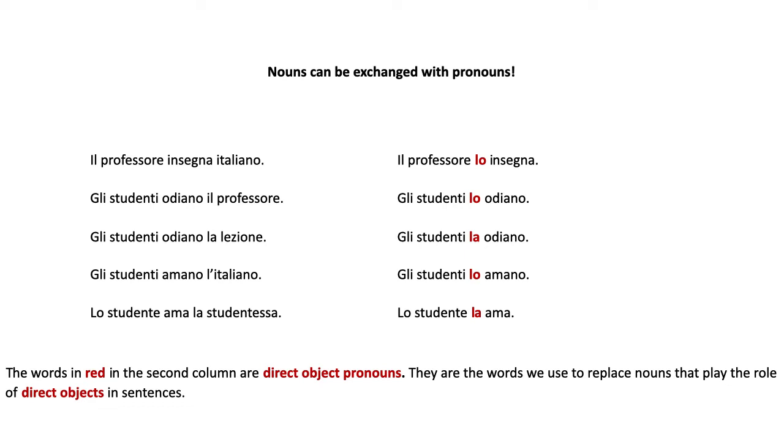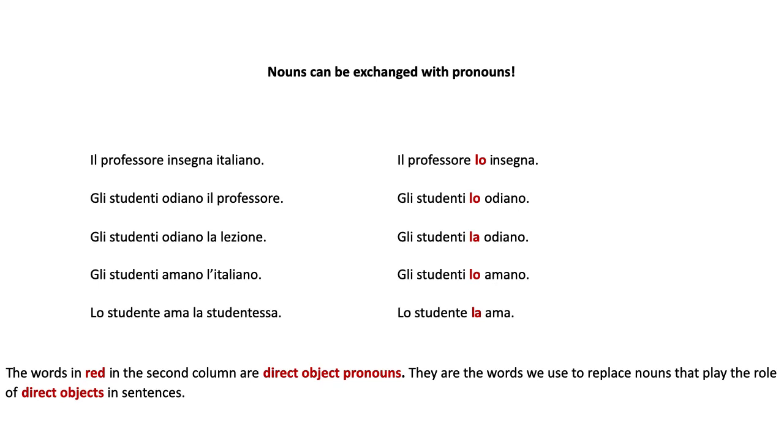The it goes after teaches. In Italian, it is the other way around. Il professore lo insegna. The lo comes before insegna, right? As a general rule, when you replace a direct object with the corresponding pronoun, in Italian, the pronoun always comes before the verb. The pronoun before the verb. Okay?